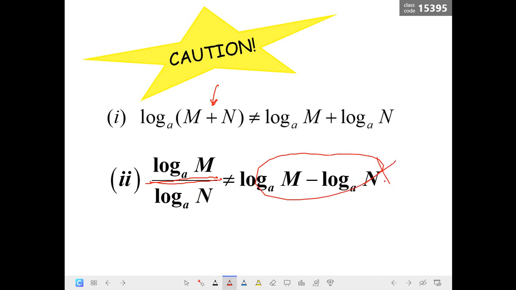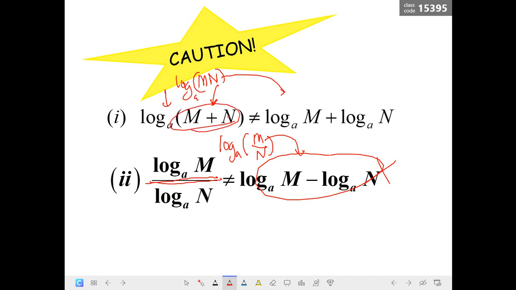This is not the one. The law is log of m over n, one term of log only, and that can be separated. Log of m times n to the base a can also be separated like this. But these are two separate things.